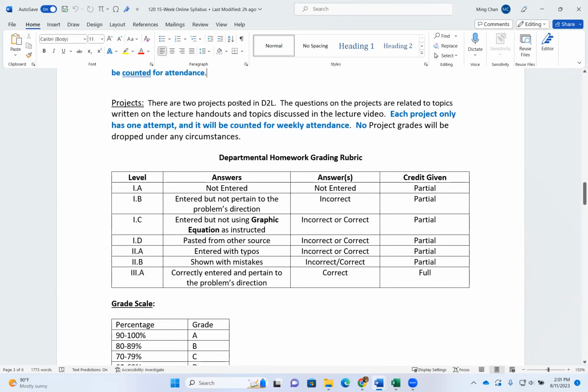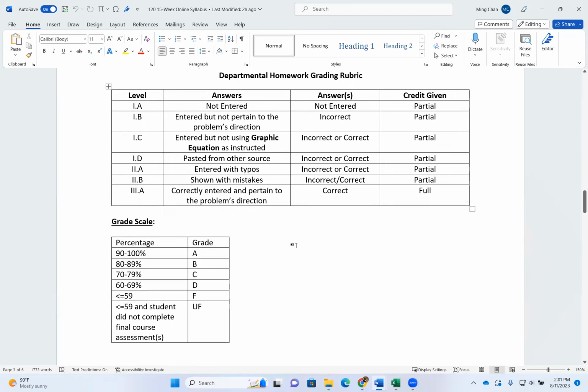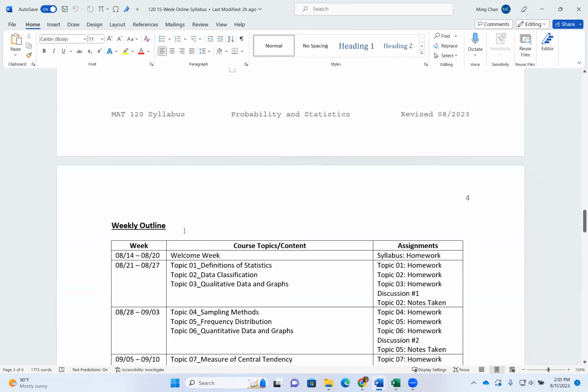All right, projects. There are 2 projects that are already posted in D2L. The questions on the projects are related to the topics written on the lecture handout and discussed in the lecture videos. Each project only gets 1 attempt and will be counted for your weekly attendance also. Here is our grading rubric and grading scale, which is 10 points.